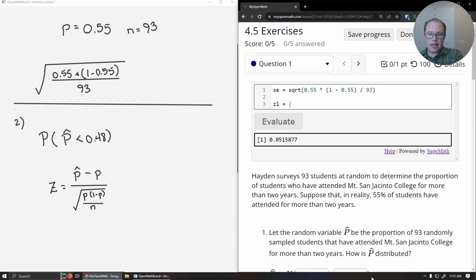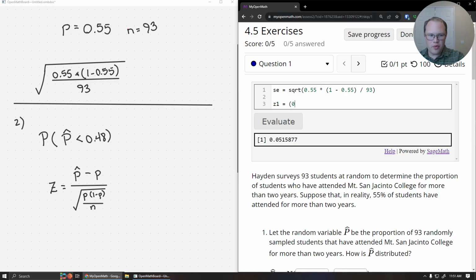And we're going to calculate our p hat, our particular value, which is the boundary value here. That's 0.48. That's the particular sample proportion, the threshold that we're concerned about, right? We are interested in the sample proportions that are less than this particular value.